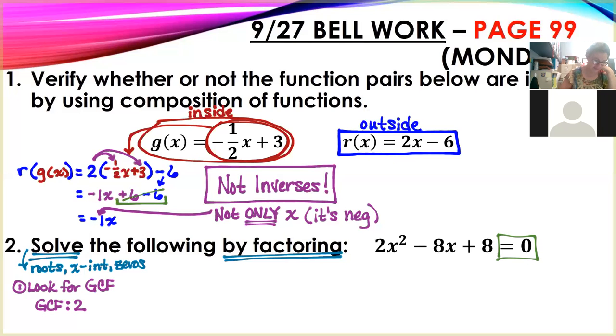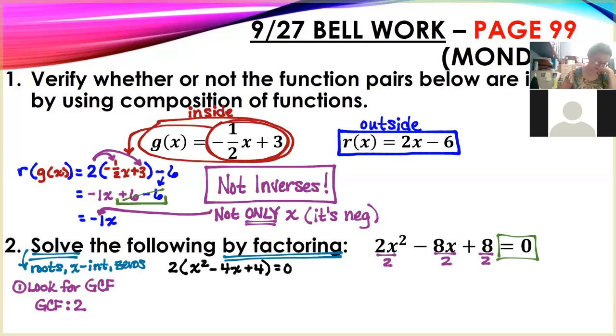In fact, how many times do we look at a problem like this and it actually starts with a y equals? And we don't worry about the fact that a GCF doesn't go into the y part. That's all right. So I'm going to take a 2 out of each piece here. And so what that would leave me with, I would have 2 and then x squared minus 4x plus 4 equals 0.